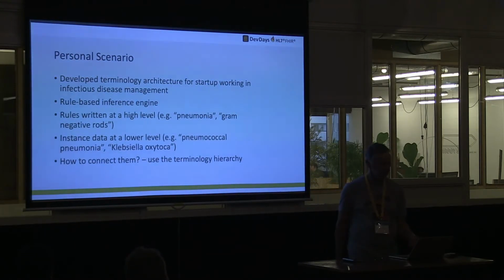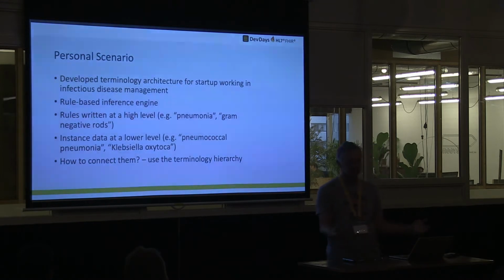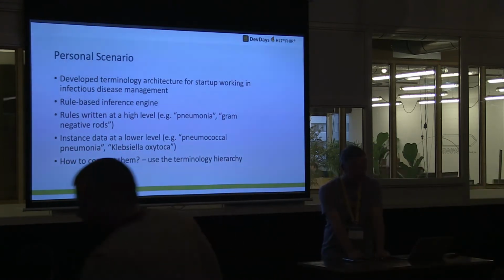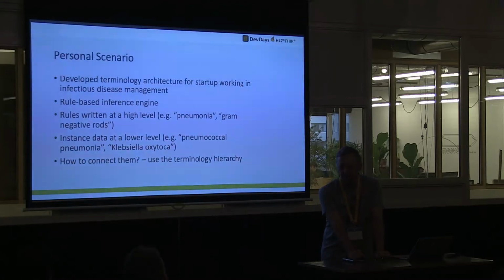So the rules might be talking about pneumonia in disease space, or gram-negative rods in microbiology, but your instance data is going to be at a lower level, maybe specific kinds of pneumonia or particular microorganisms, and you need to see if your rules need to be triggered based on that data.